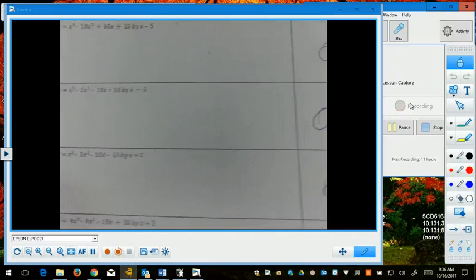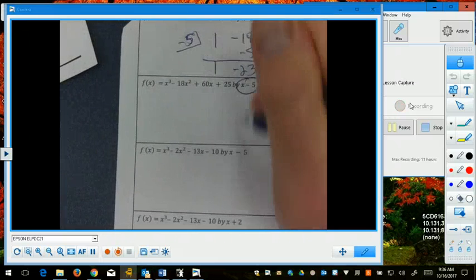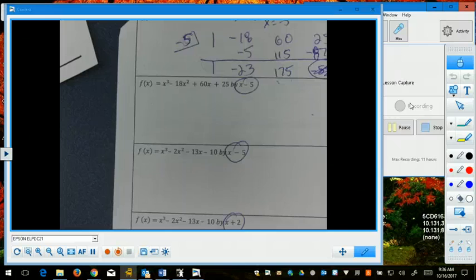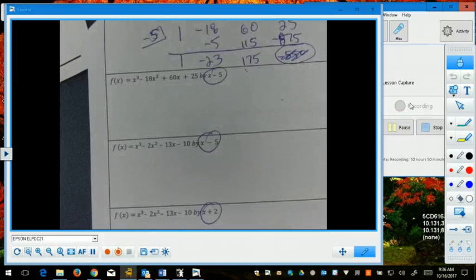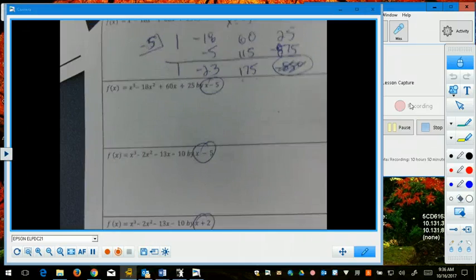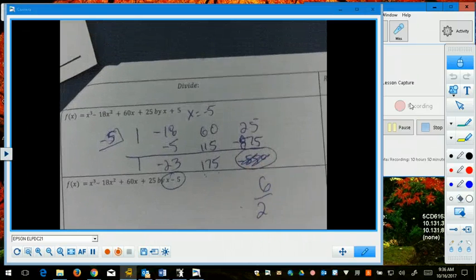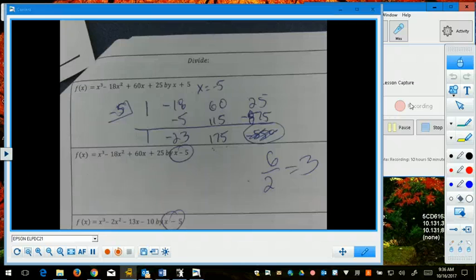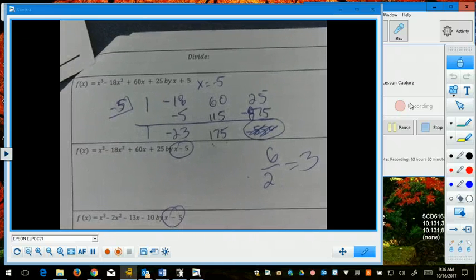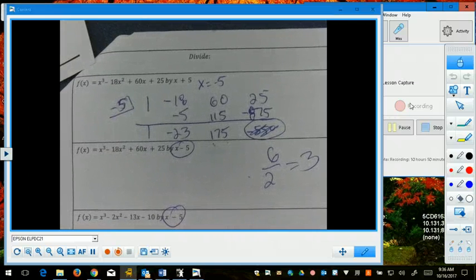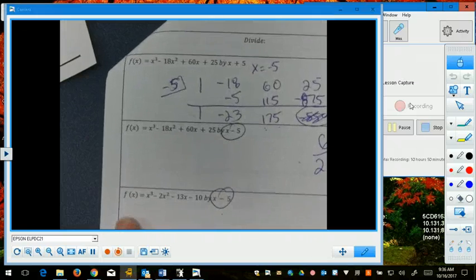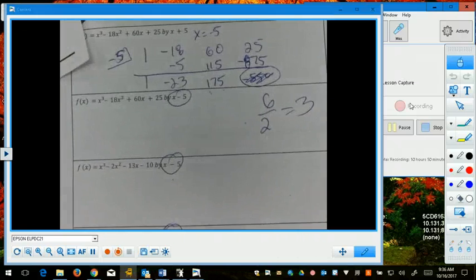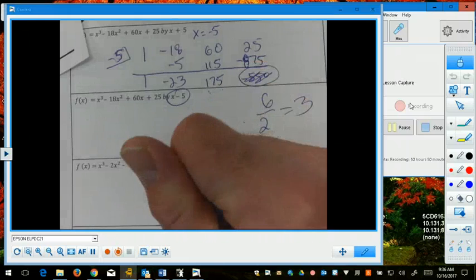What does that tell us about these divisors? They're perfect. Well, it actually tells us 2 things about them. If they divide in perfectly, just as 2 divides in perfectly into 6, then they are a factor of the polynomial expression. And also think about this.